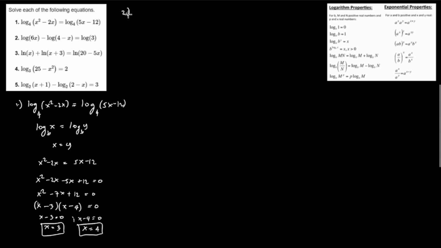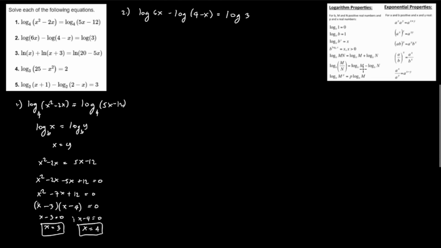Number 2: log of 6x minus log of 4 minus x is equal to log of 3. In terms of the logarithm properties, we have the quotient rule, which is log of m over n with base b is equal to log of m with base b minus log of n with base b.